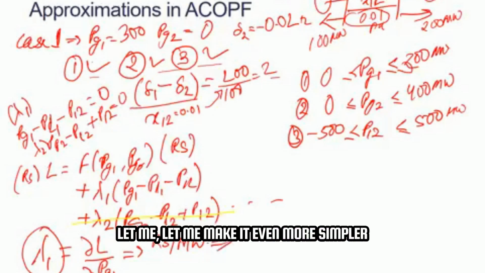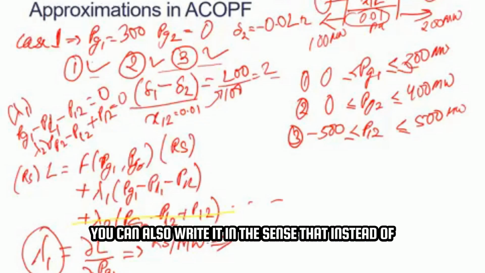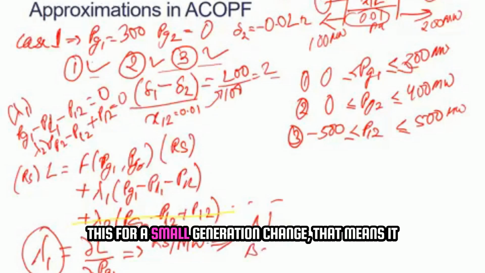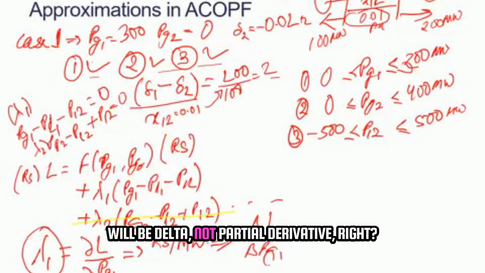or rather let me make it even simpler for all of you: delta L by delta Pg1. You can also write it in the sense that instead of taking the partial, if I am doing this for a small generation change, it will be delta, not partial derivative, right?